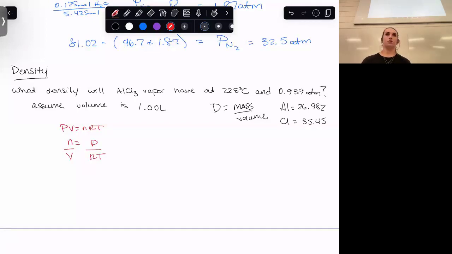In this case, volume is 1, so that just cancels out, but you still have your units. So n over V is equal to your pressure, which is 0.939, over R, which is 0.08206, times temperature, which is 225 plus 273.